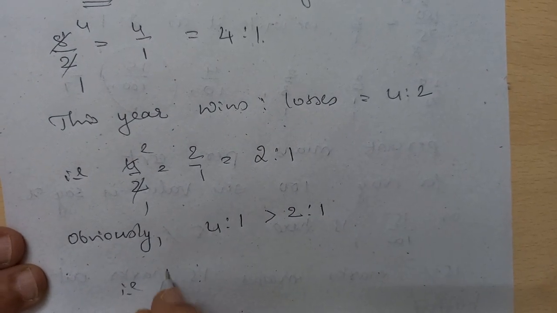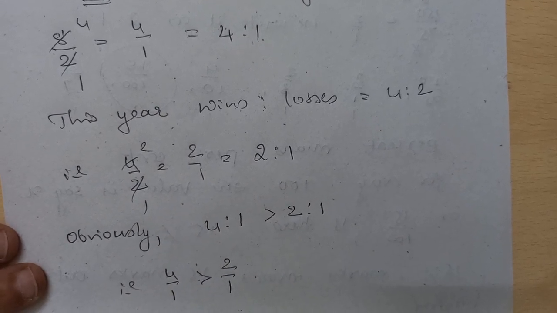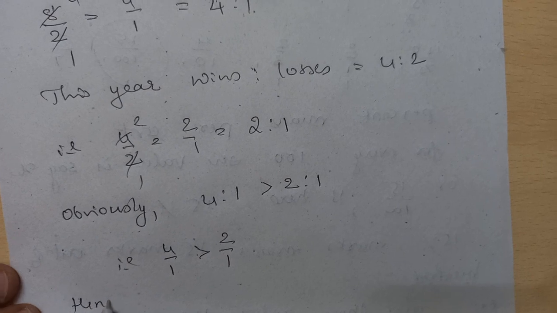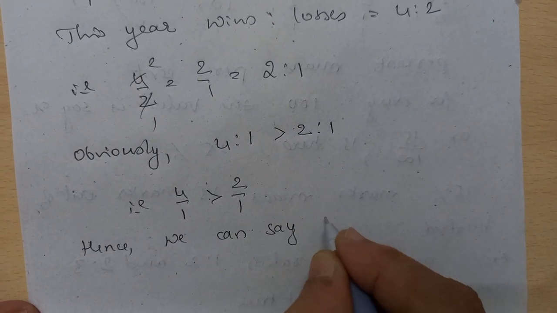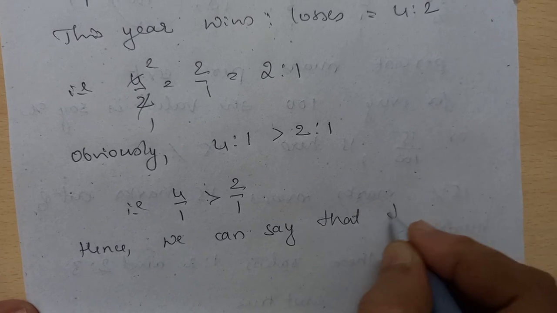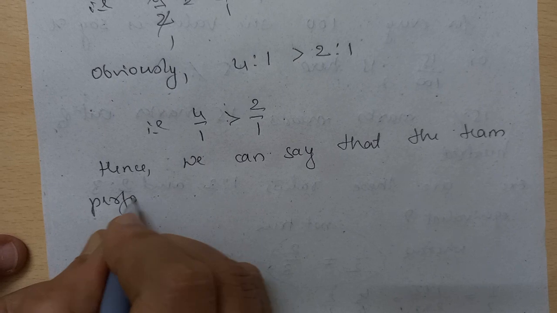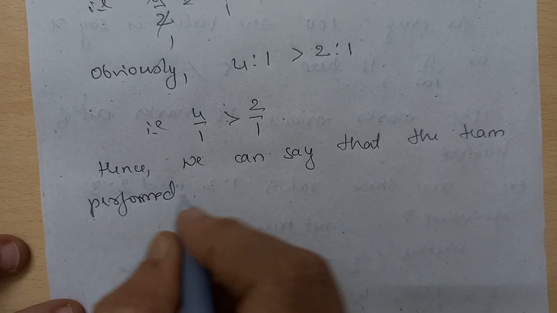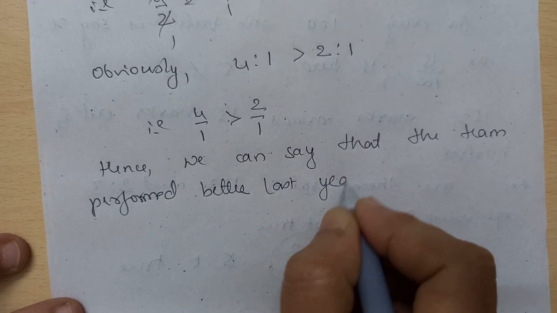That is 4 upon 1 is greater than 2 upon 1. Hence, we can say that the team performed better last year.